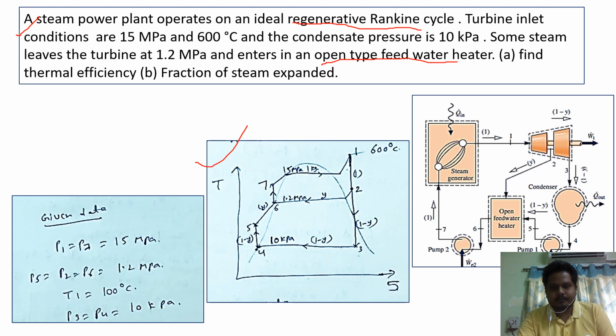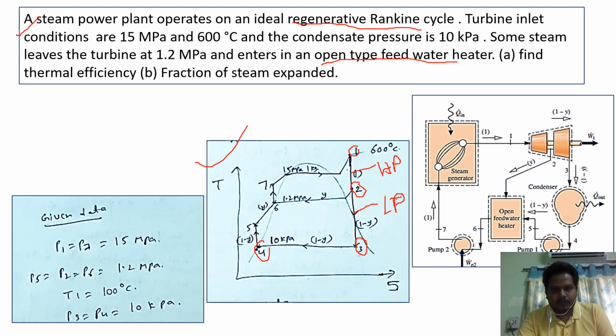As we know, process 1-2 is isentropic expansion through the high pressure turbine, and process 2-3 is isentropic expansion in the low pressure turbine.